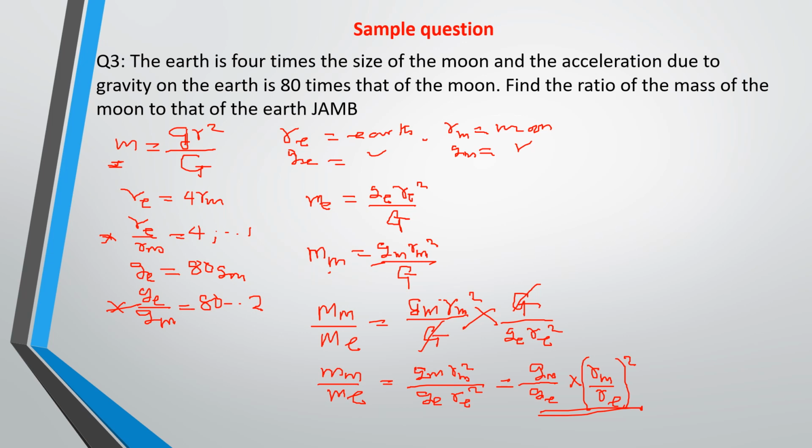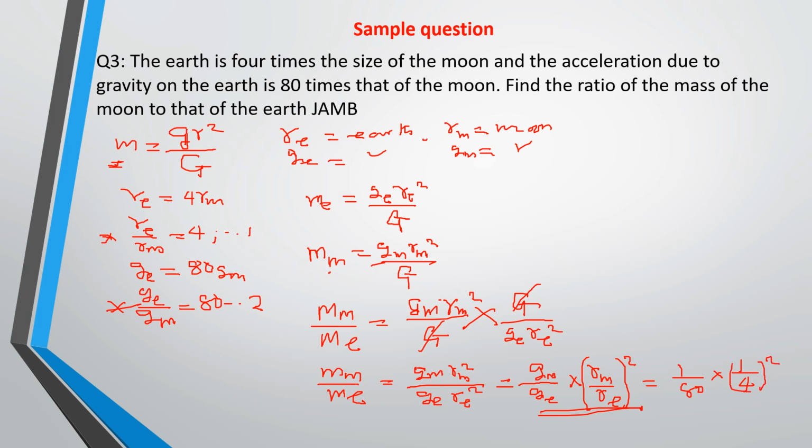Then this is GM over GE, and this is GE over GM, so this should also be the reciprocal of that. So once you know that, it means that this will now become 1 over 80 multiplied by 1 over 4 squared.